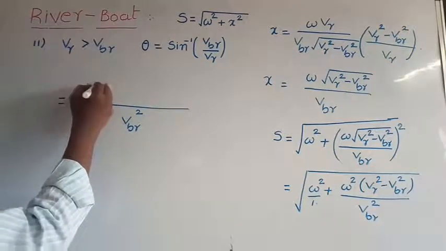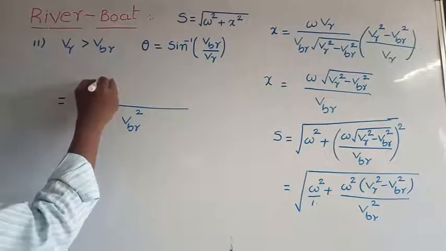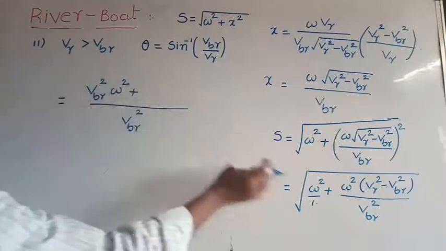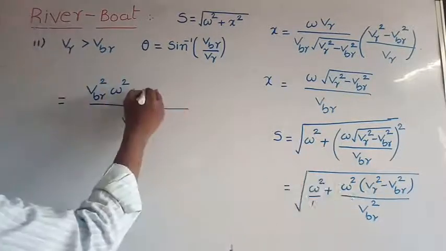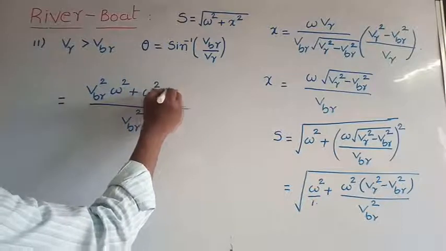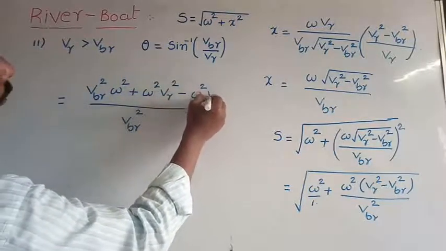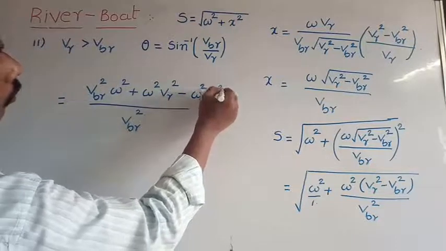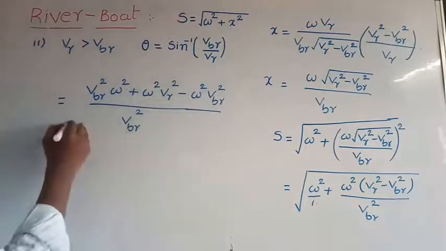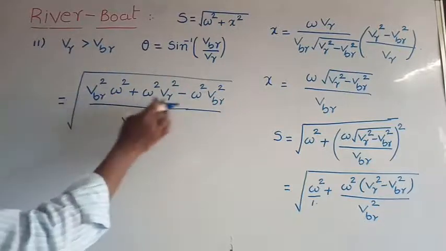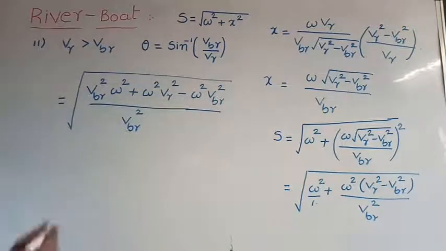So here VBR square into W square plus W square into VR square minus W square into VBR square will come under root of. Now here W square into VBR square, W square into VBR square both get cancelled.